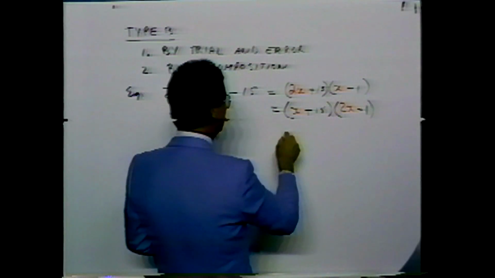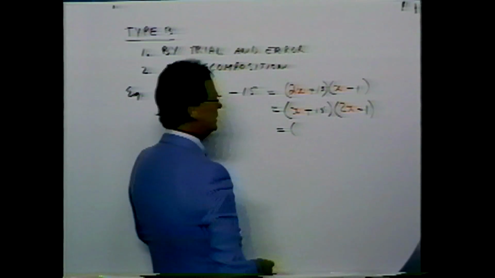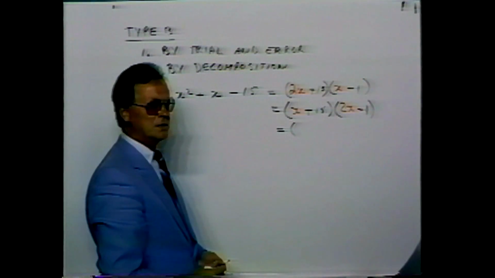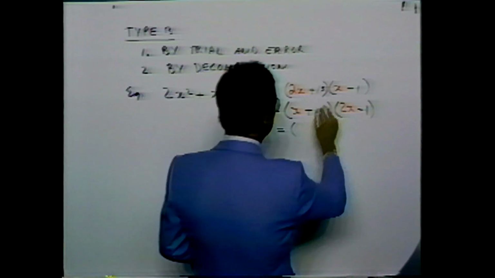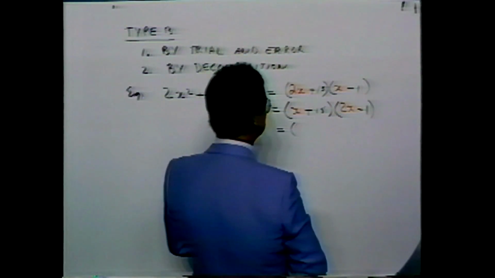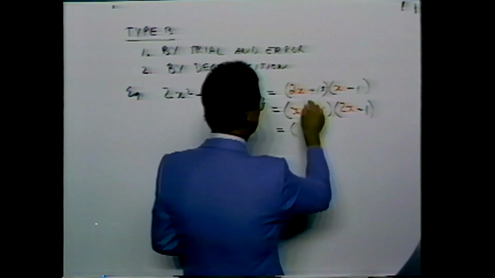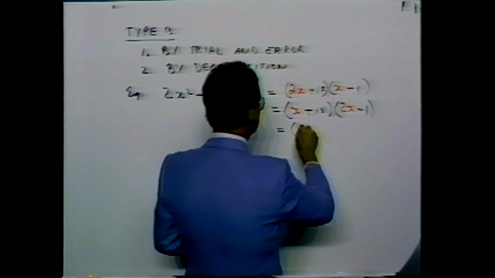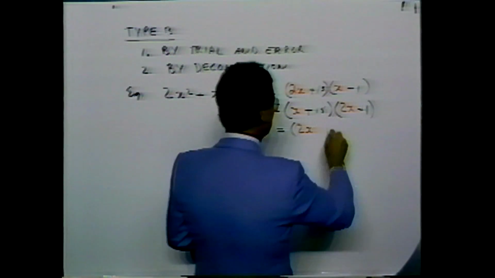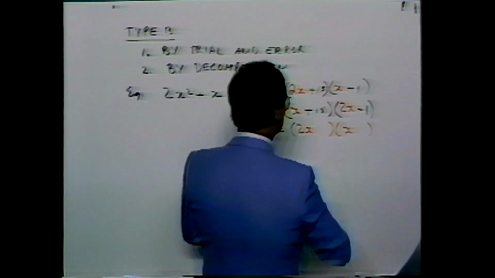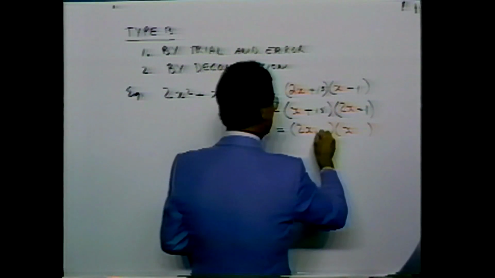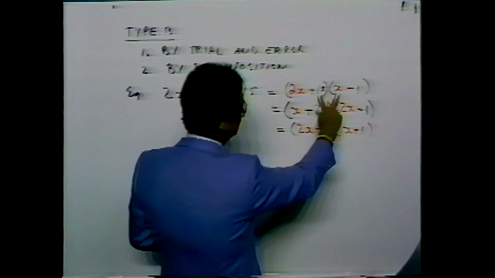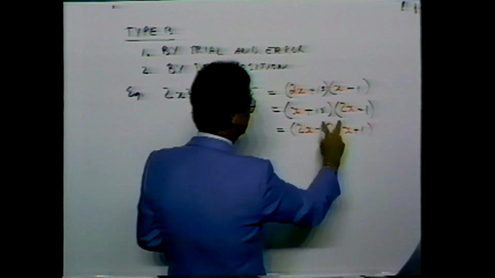You see, minus 15 is equal to minus 3 times plus 5. By the way, there are several other possibilities here that I haven't considered that are different than just using 15 and negative 1. That is 2x times x. Instead of plus 15, how about negative 15 and plus 1? That's different than that again.